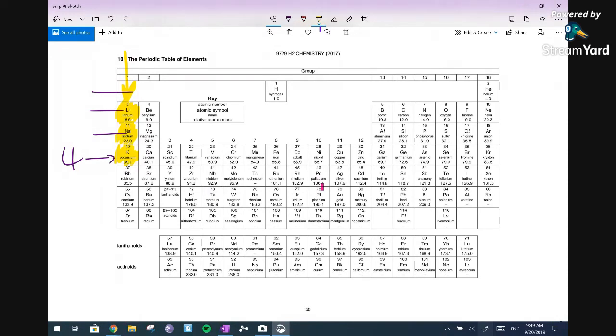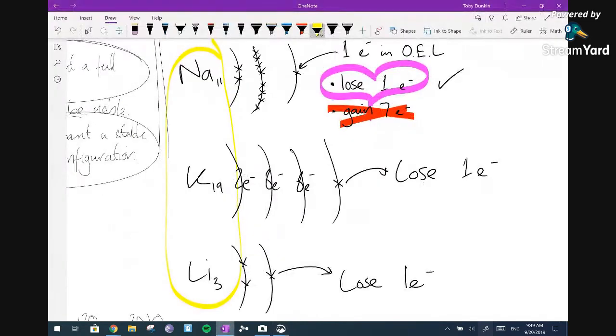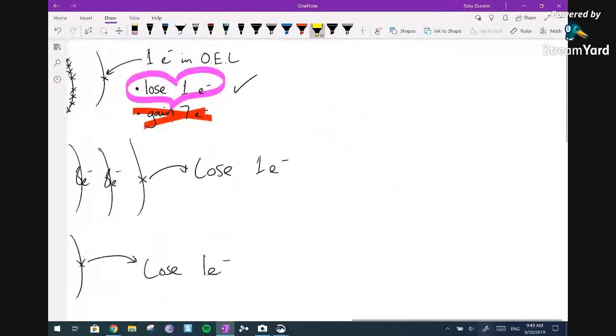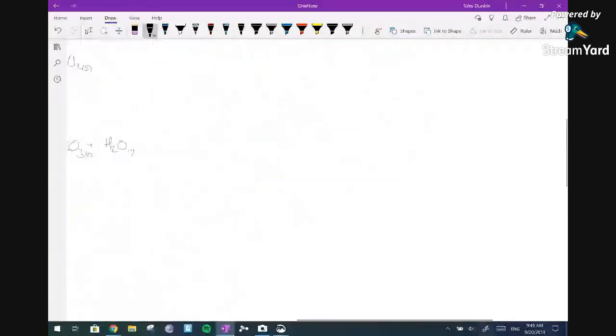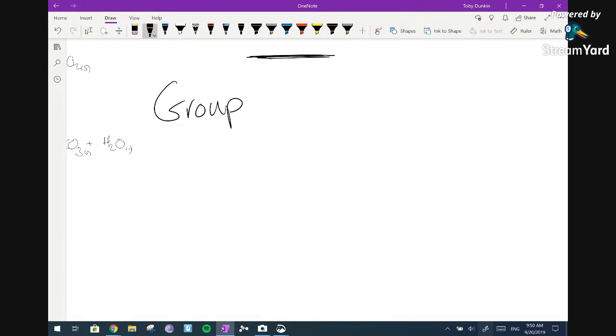Let's now flip sides. We've just been doing metals. Let's flip over and look at another family. Let's look at group 7. Group 7.